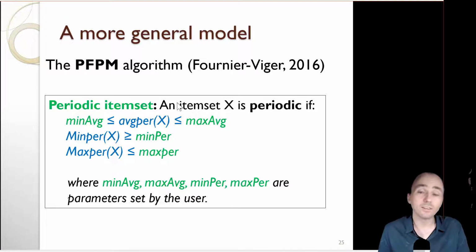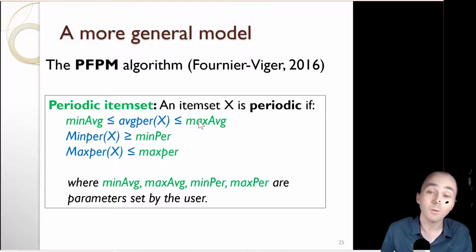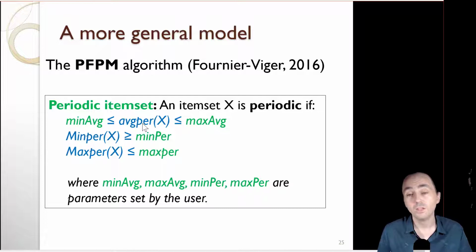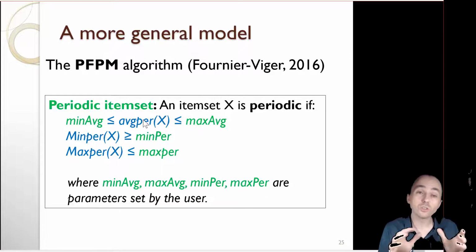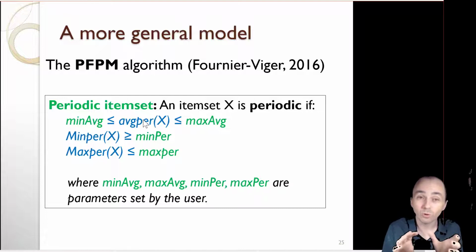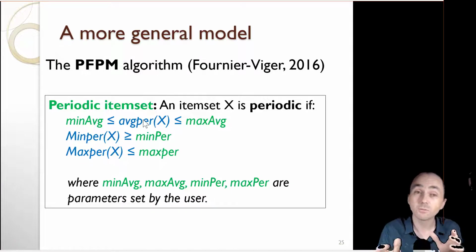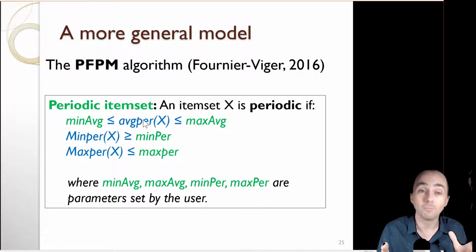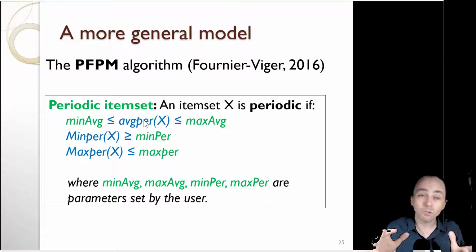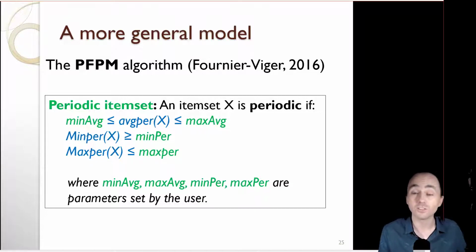We say that an item set is periodic if the average periodicity of that item set is between some minimum and maximum. So we don't just look at the maximum periodicity. Here we try to find the average to see, on average, is the item set periodic or not? Maybe not all of the time, but most of the time, on average, is it periodic?